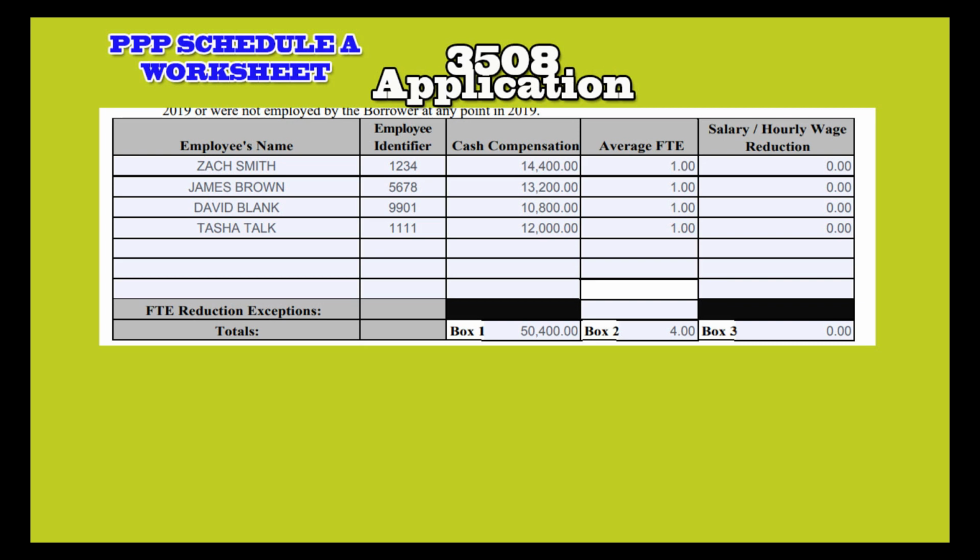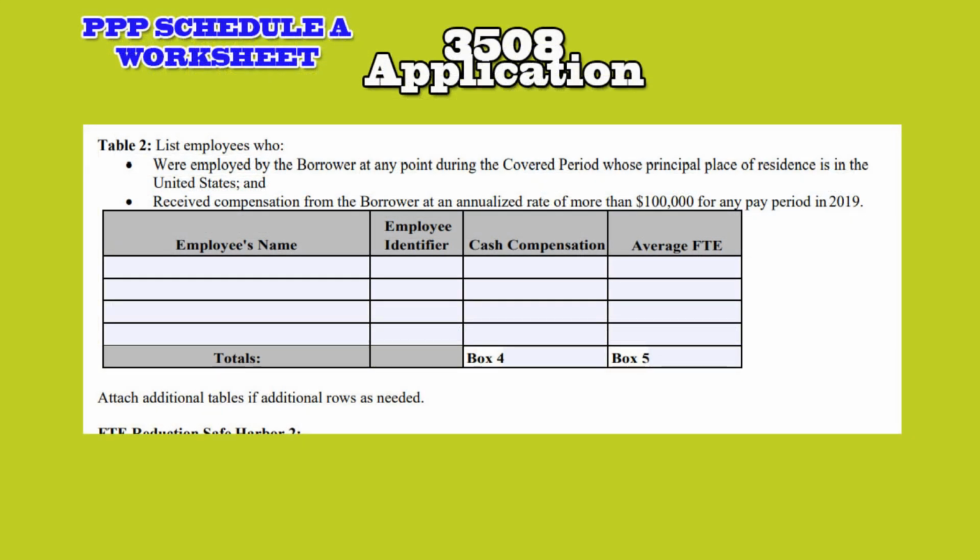Now, table 2. Table 2, you will pretty much do the exact same thing. Table 2 is for your employees that made more than $100,000 per year. This is not your officers. This is still not the CEO, and this is not for the self-employed.